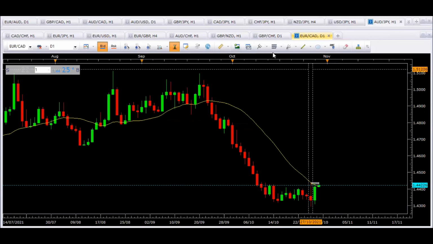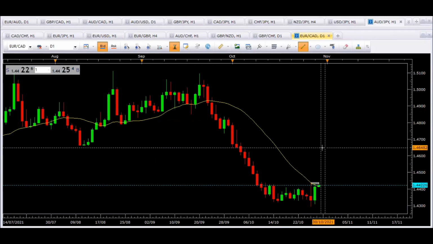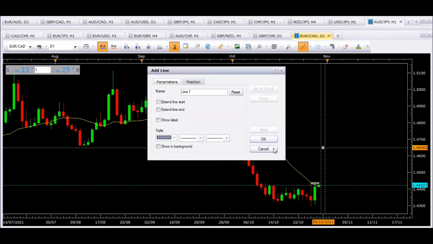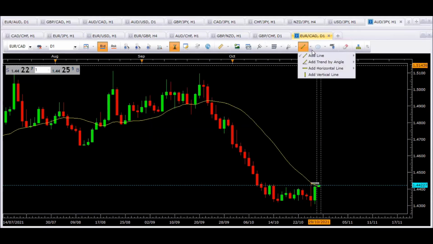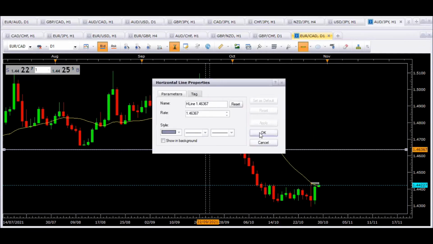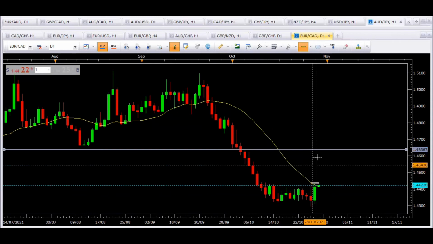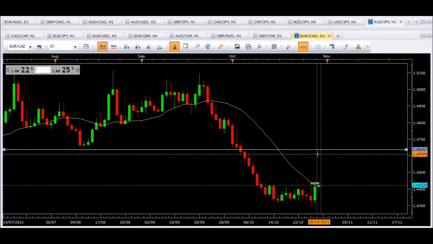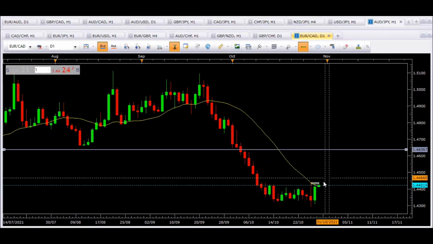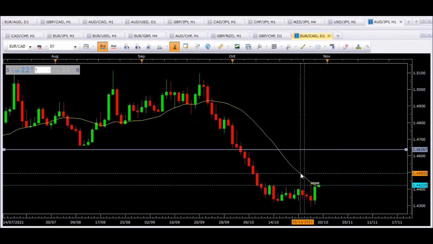I'm seeing that we have all this room to move up to, let's say, this area here. Let me just draw a line. So we've got all this room to move up to here. Again, I don't expect to do that in one day, but it gives us a good indication that our trade does have room.